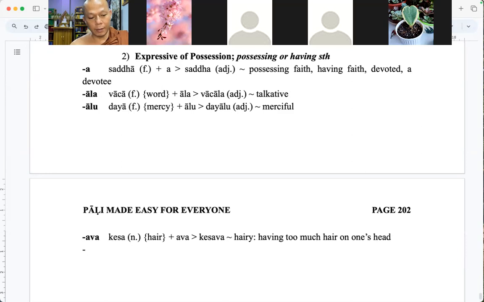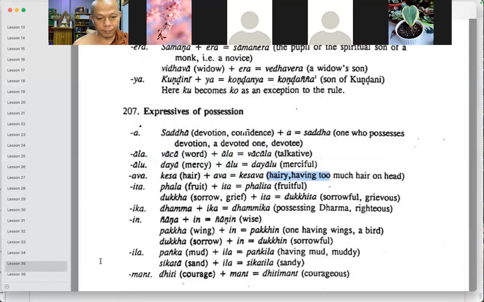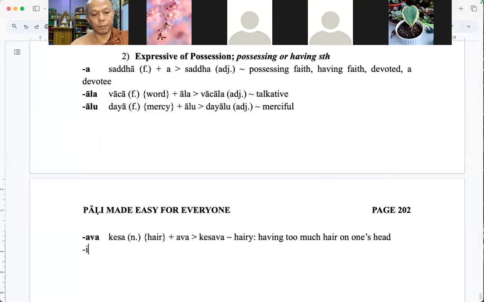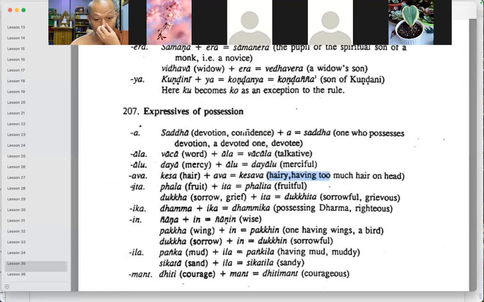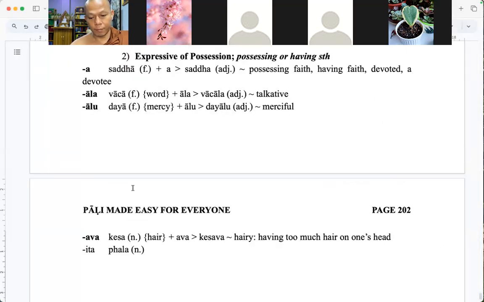And then another suffix is ita. Ita. So fala. Fala is also a neuter noun. The meaning is fruit. Fruit.